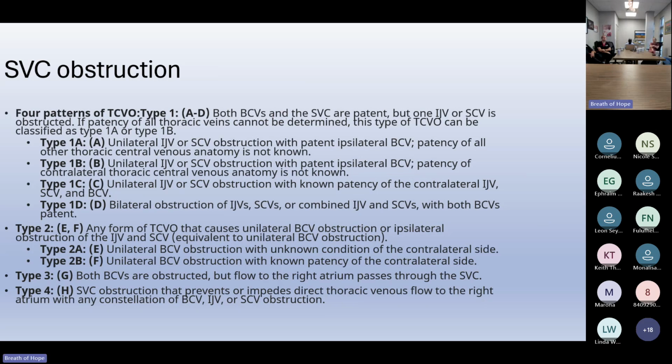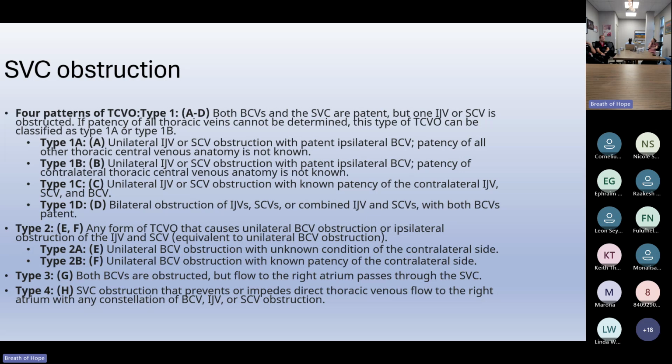For superior vena cava obstruction, there are about 4 classifications: type 1, 2, 3, and 4. Type 1 is classified A to D, where both your brachiocephalic vein and superior vena cava are patent, but one of the internal jugular veins or the superior vena cava is obstructed.